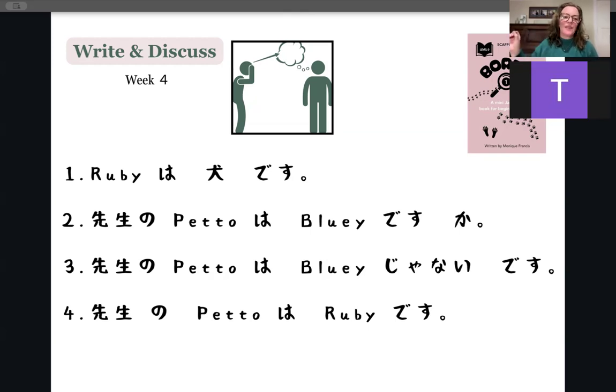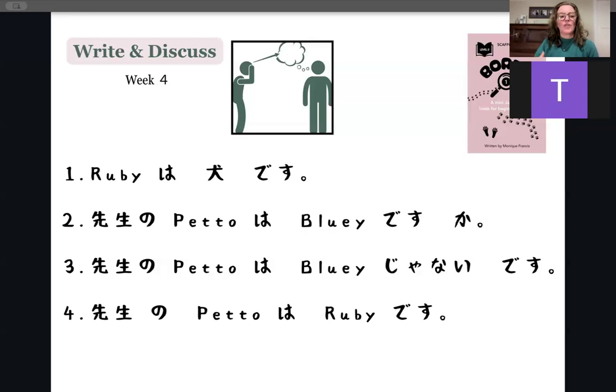And then together you're writing that. So desu ne, tori janai desu. Ruby wa, and then I would start writing that so that they're seeing the creation of the sentence in real time. Ruby, and then pausing, waiting for them hopefully to jump in because they've heard this so many times.